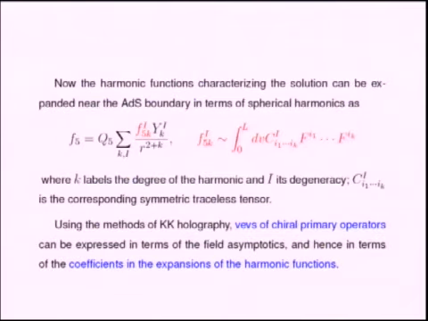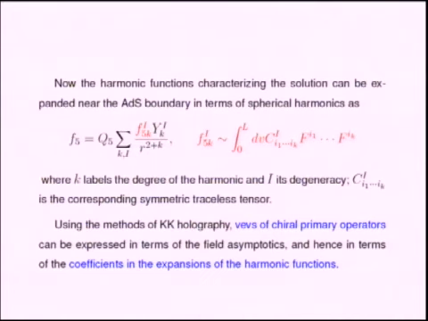Now, like I did in the case of the N=4 Coulomb branch, I have harmonic functions which characterize the solution. These are very naturally expanded near the AdS boundary in terms of spherical harmonics. So I take this function F5, expanded in terms of a spherical harmonic and then the radial power, with specific coefficients which are related to the curves on which the harmonic functions are sourced.